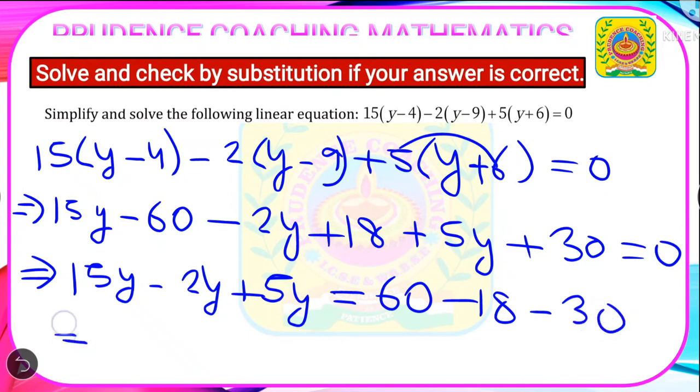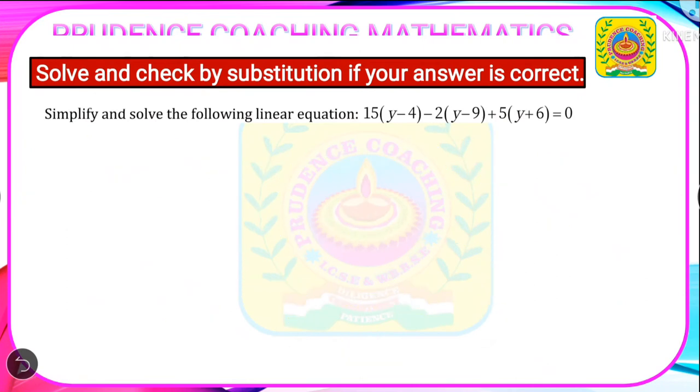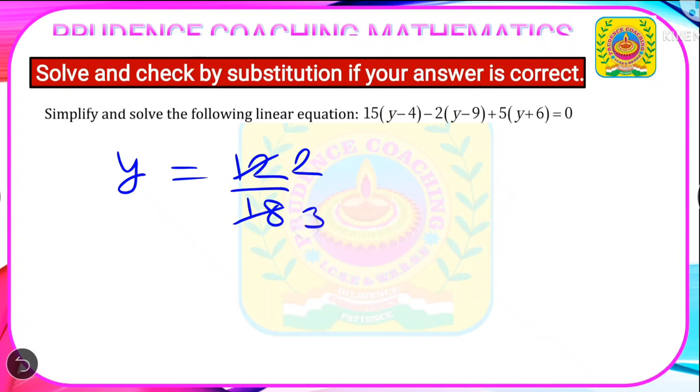So as you can see, 15 plus 5 will be 20, 20 minus 2 will be 18y on the left hand side, which will be equal to 60 minus 48, that is 12. So here the value of y which you will get is y = 12 by 18. So 6 2s are 12, 6 3s are 18. So the value of y is 2 by 3.